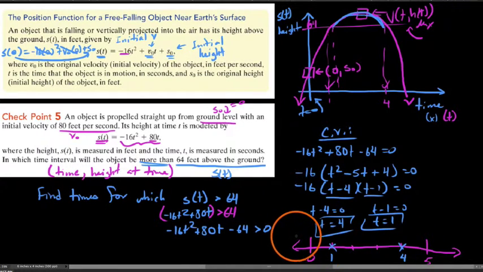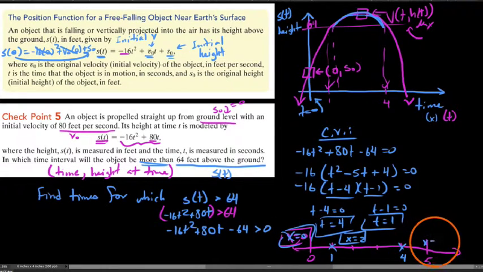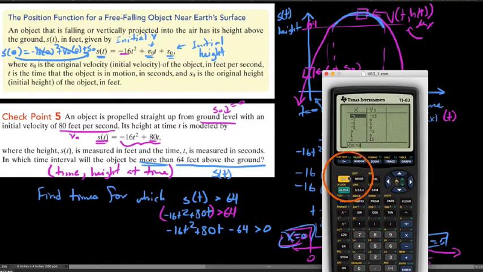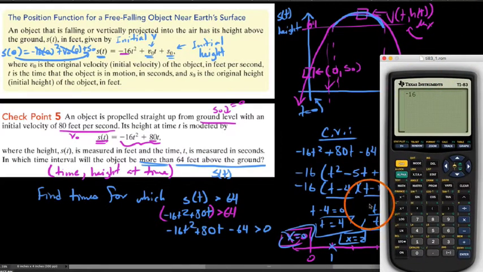But what we have to do consistently here is choose some test values to plug in. So I'm going to test 0, 2, and 5. I put boxes around all those; I really probably shouldn't have. Plugging these into the original inequality, we have negative 16, and our test values here, 0 is one of them.